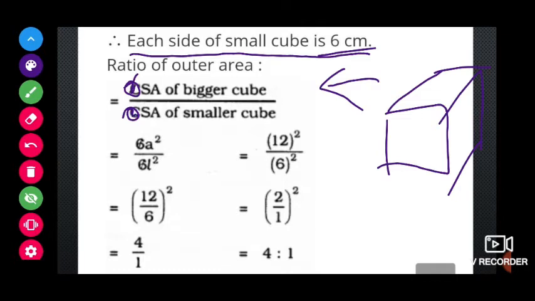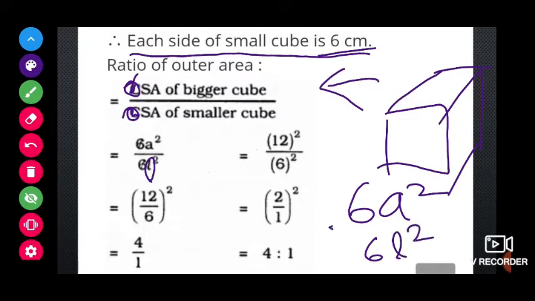Surface area of a bigger cube is 6 into a square, and for the smaller cube also 6 into a square. Here the side length we took as L. So 6a square by 6L square. The 6 and 6 cancel, leaving a square by L square.